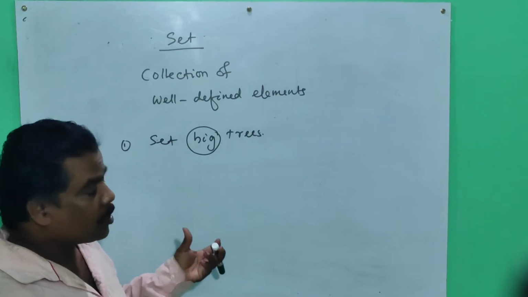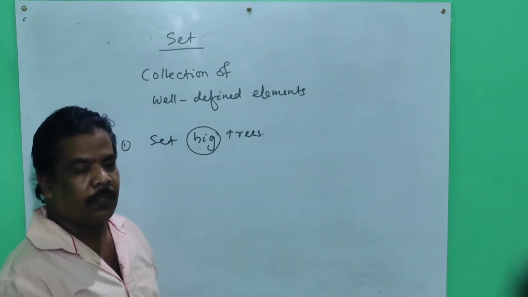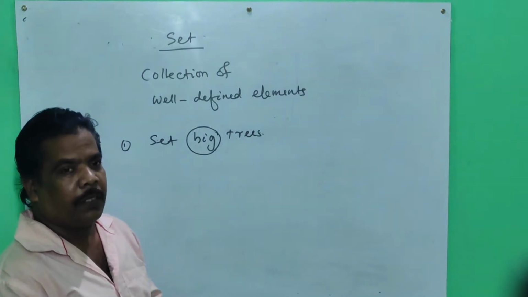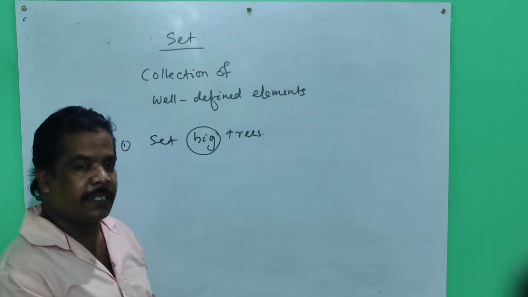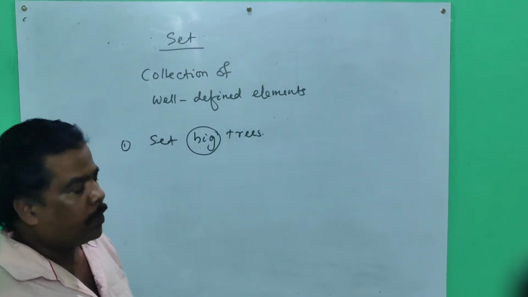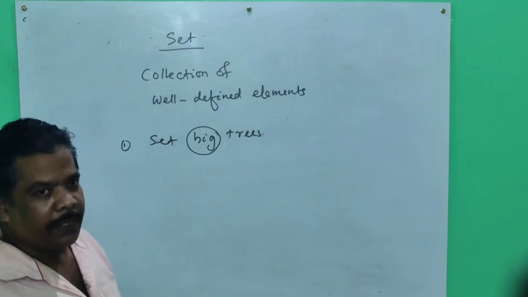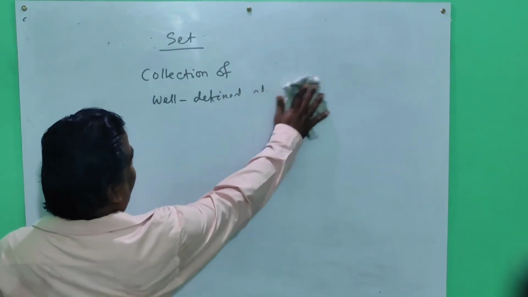The set of intelligent students in your class, the set of good students in your class, are not well defined. That means a set is defined as a collection of well-defined elements. When elements are well defined, that collection is a set. So we know what a set is.